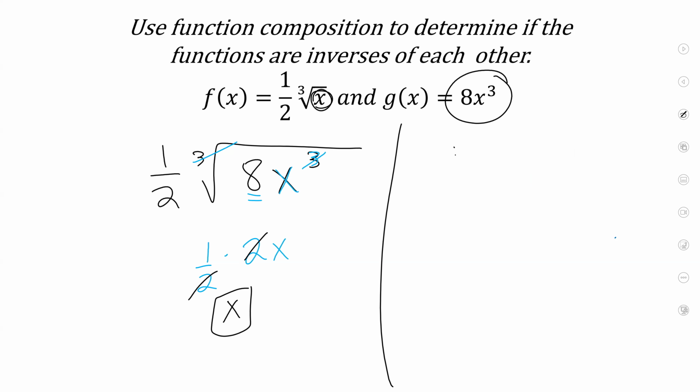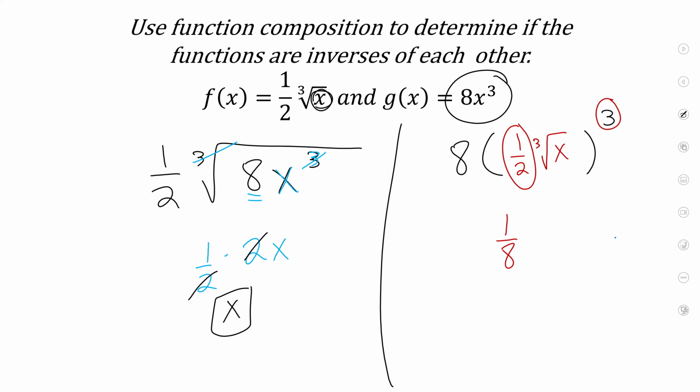Then you're going to write g big, and we're going to plug that other function inside. Okay, so 1/2 to the power of 3. That would become 1/8. This cubed with the cubed root will cancel out, and that will just leave you with x. So this is what's left over.